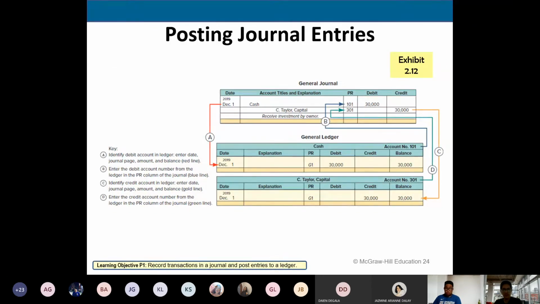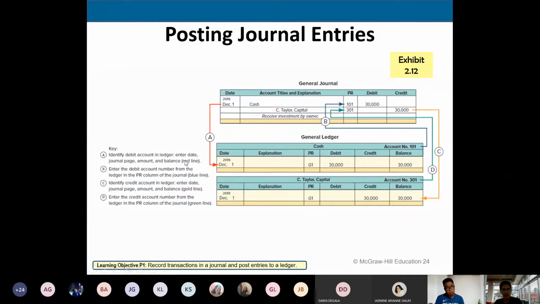So posting to journal entries, with the sample journal here. Ito yung kanina na nakita nyo, and pagtapos ng journalizing, nag-post tayo sa ledger. Tama ba? Ang account na ginamit natin dito are cash and capital kasi nag-invest yung owner.